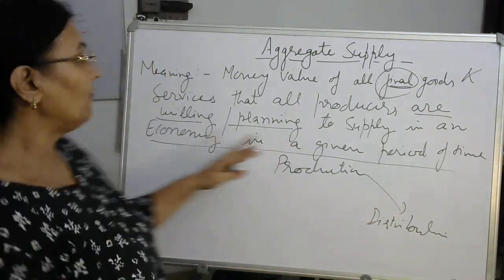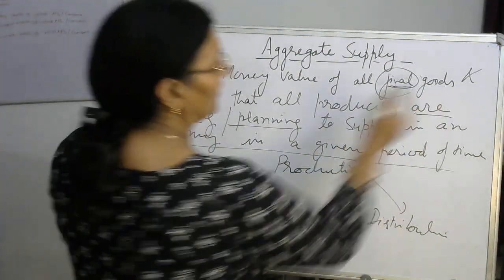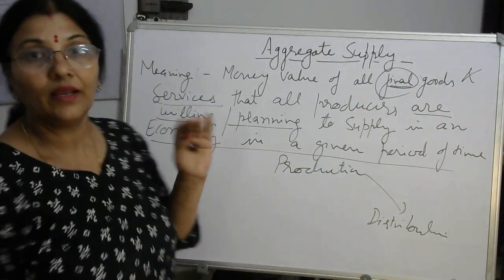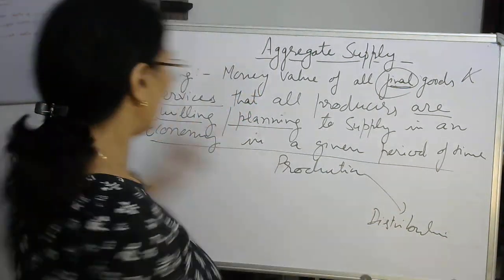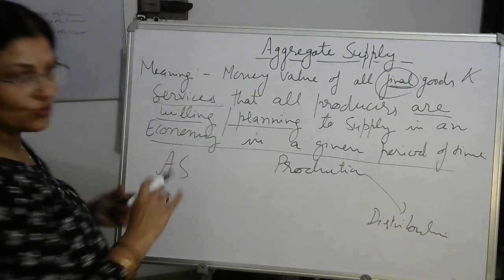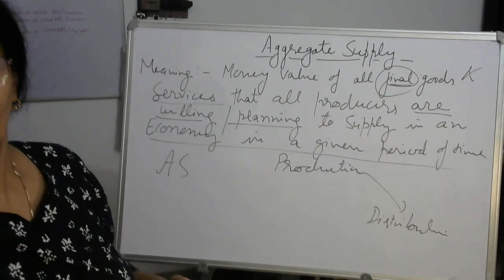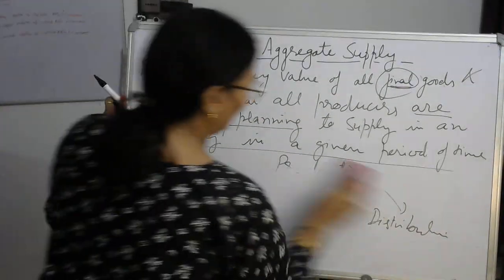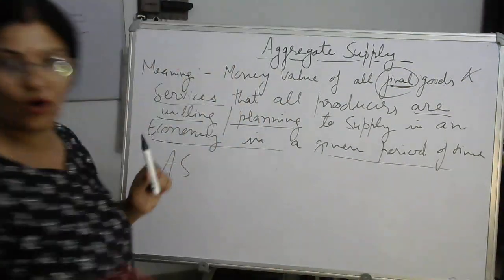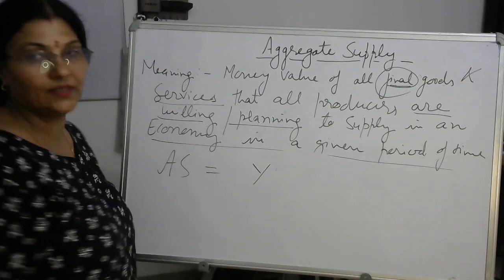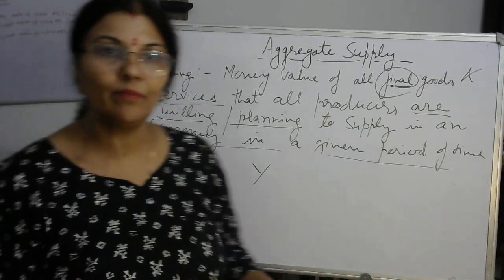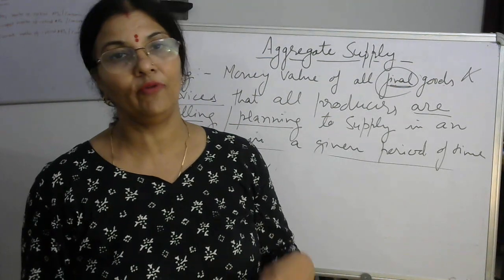Understood? In the same way, the value of all final goods and services is distributed among all factors of production. So AS actually is the national income. AS, which is the value of all final goods and services, is what? Income. Is income. And income we either consume or we save.